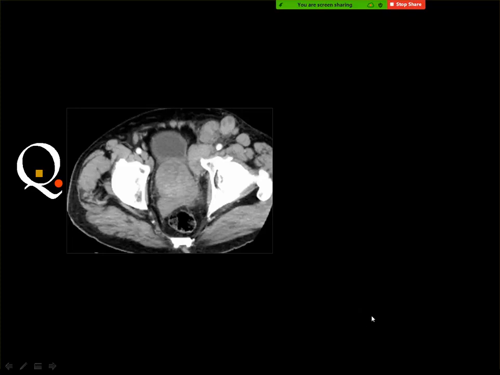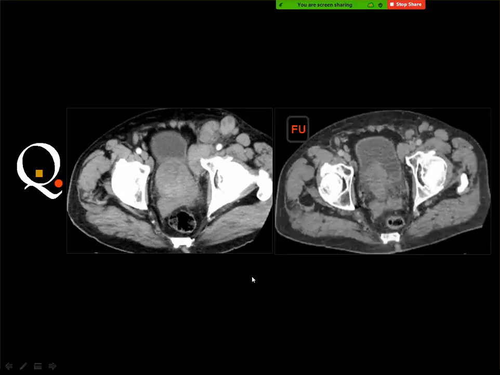Prostatic cancer. There is a prostatic mass and invasion to the rectum. Inguinal lymph nodes. Yes, inguinal and external iliac nodes.